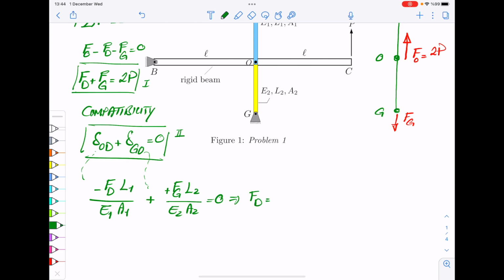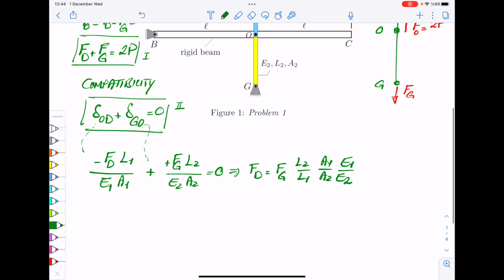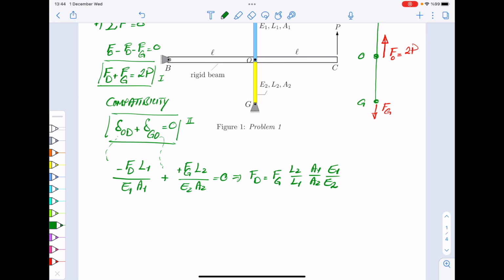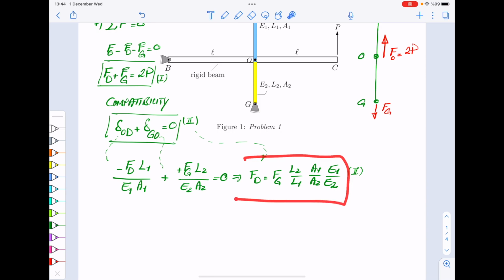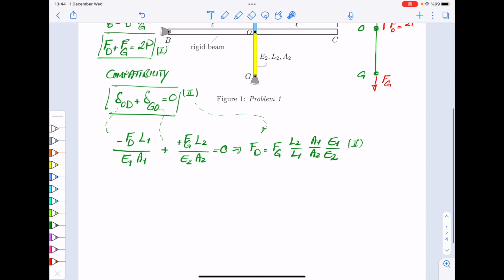Okay, so from this you can immediately get the following relation. FD is FG times L2 divided by L1, A1 divided by A2, E1 divided by E2. So this is equivalently our second equation, but it looks nicer now because you can immediately relate it to our first equation. It's not in terms of delta anymore, it's exactly in terms of forces.